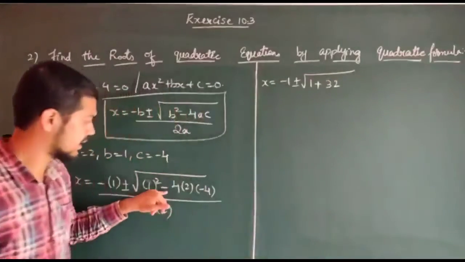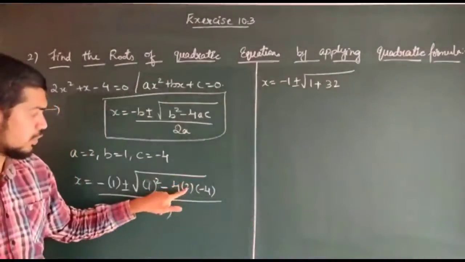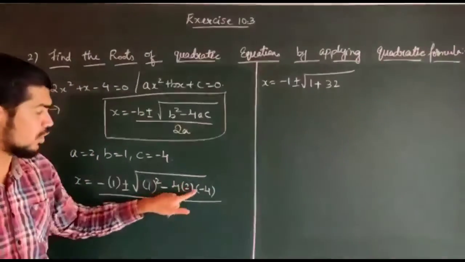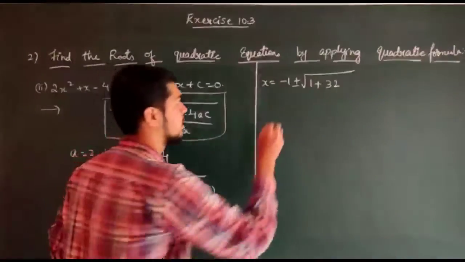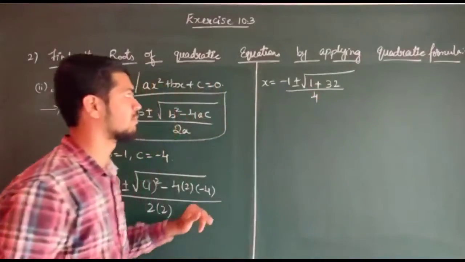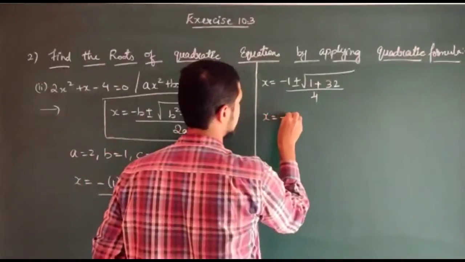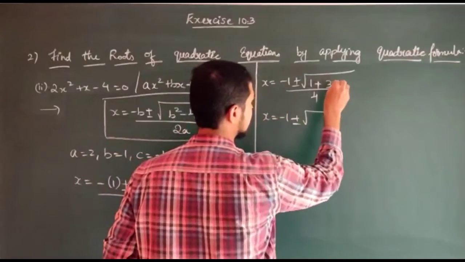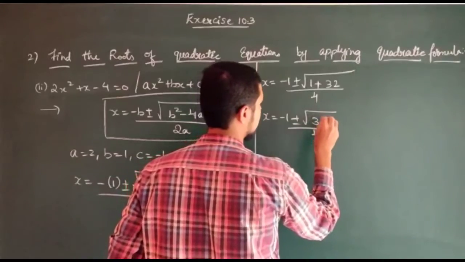Whole divided by 2 into 2, which is 4. Now just simplify this. x is equal to minus 1 plus or minus root of 32 plus 1, that is 33, whole divided by 4.